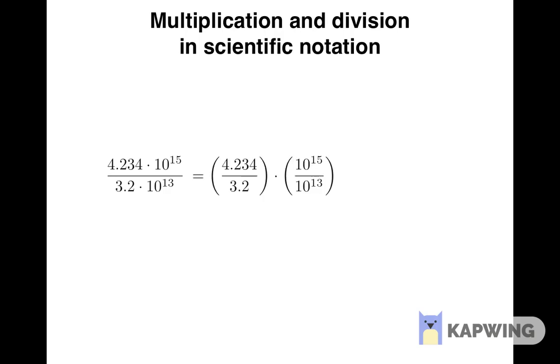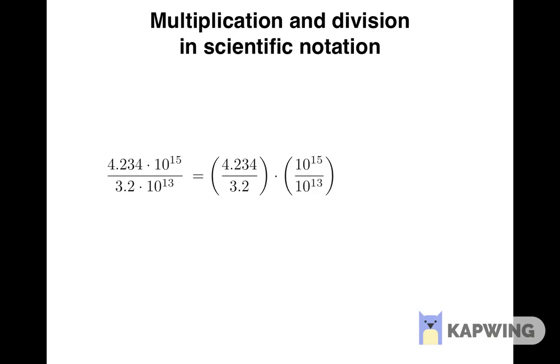First, you write a ratio of the two numbers. Then you regroup the terms. In the first parentheses, you will have the ratio of 4.234 and 3.2, and in the second parentheses, you will have a ratio of 10 to the 15th power and 10 to the 13th power.